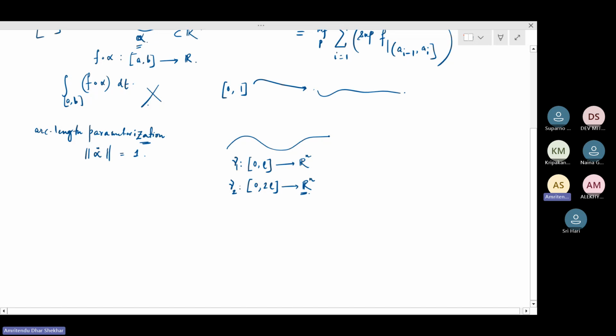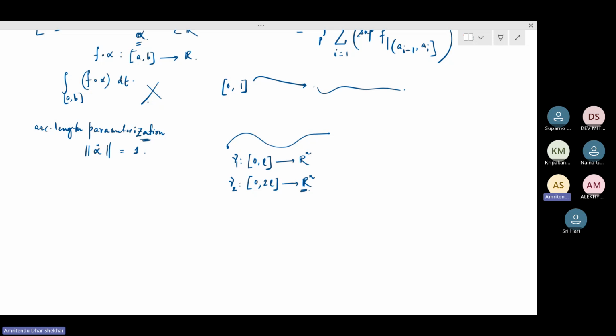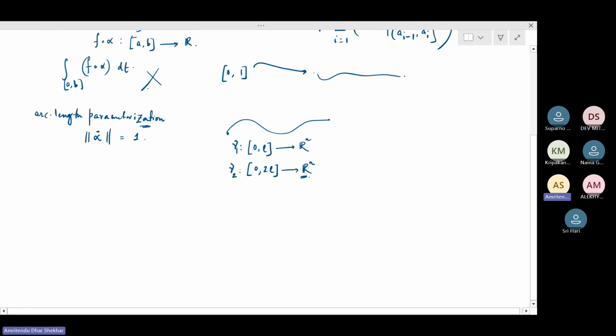So now what happens is that because the set is the same, but you have two different parameterizations, the integral should also be independent of how you parameterize the curve. So the appropriate way to define the integral is actually, let's say gamma is a curve from a comma b to Rn.